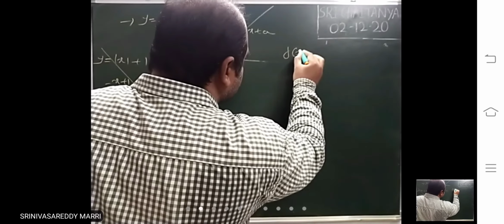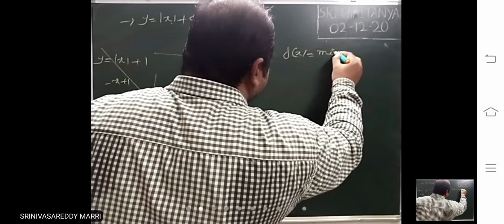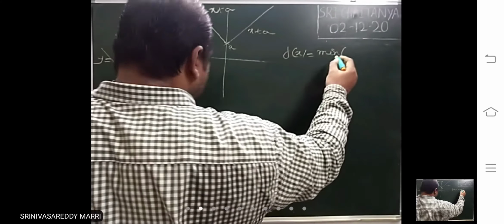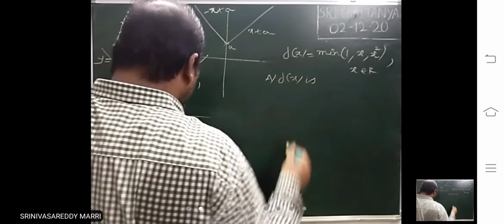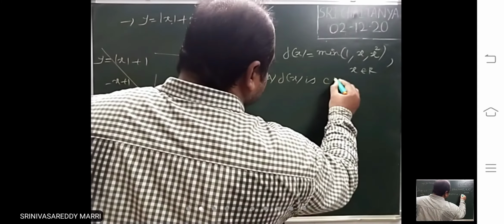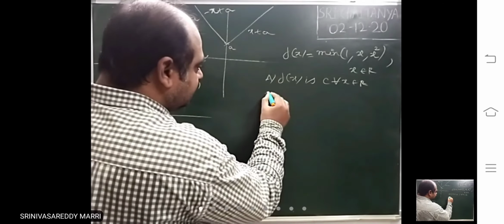Given f of x equal to minimum of 1, x, x square, where x belongs to R, then options. A: f of x is continuous for all x belongs to R.